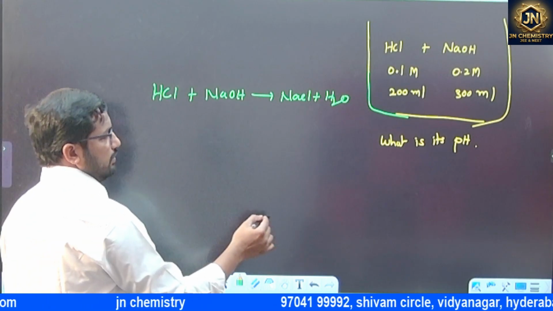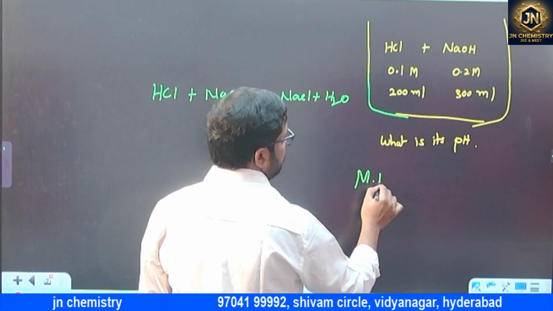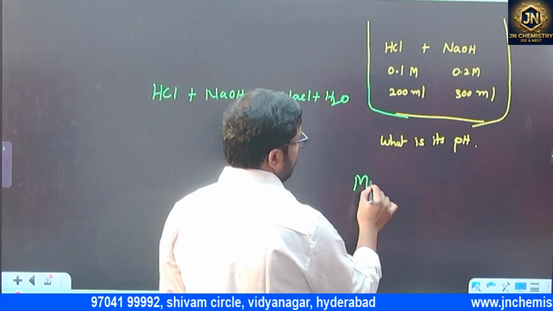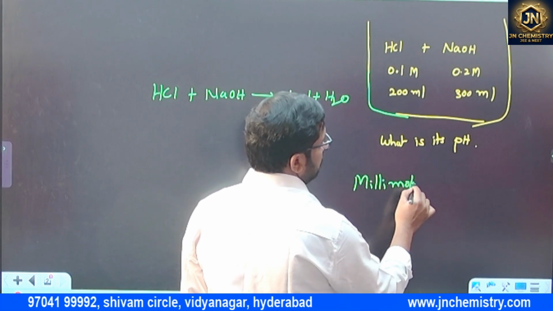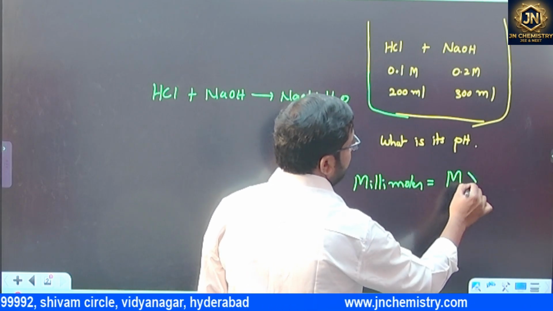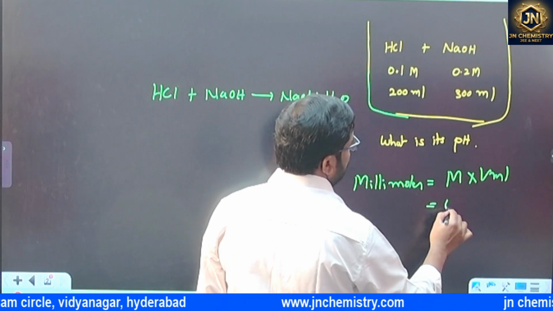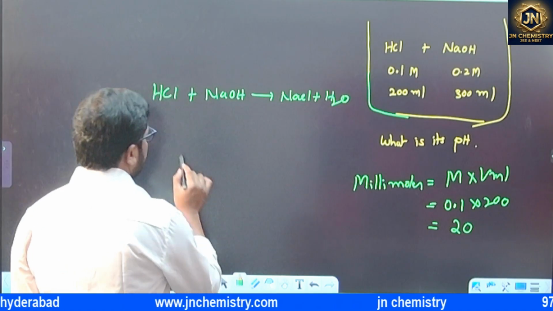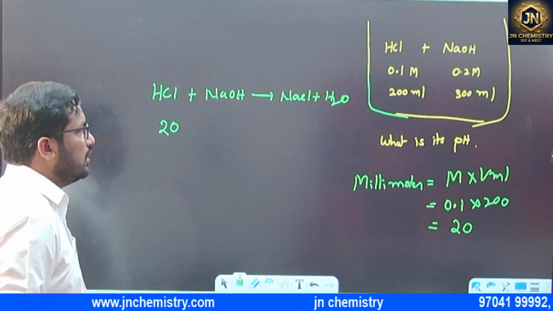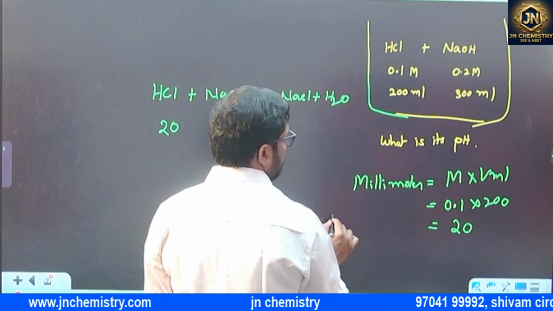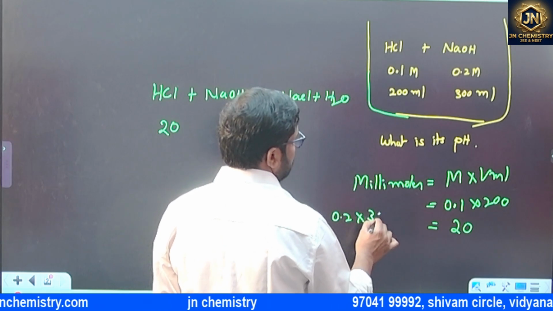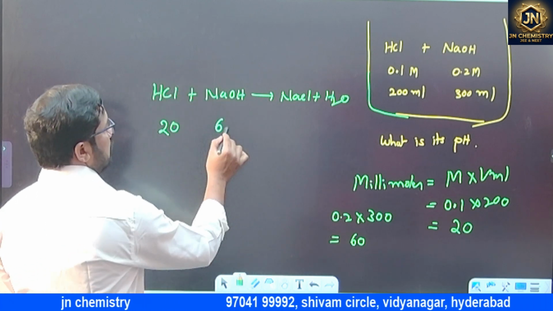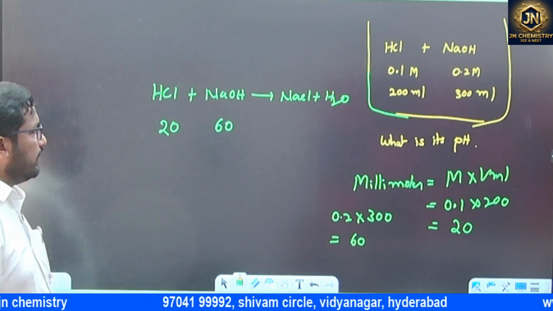Millimoles is equal to molarity into V in ml, right? 0.1 into 200 is 20 millimoles. This one, 0.2 into 300, how much do we get? 60 millimoles.